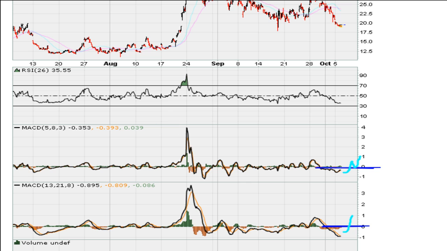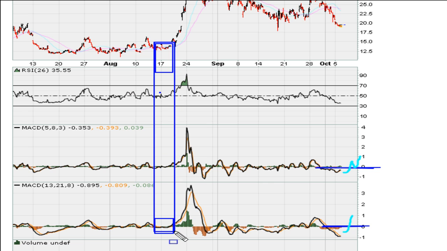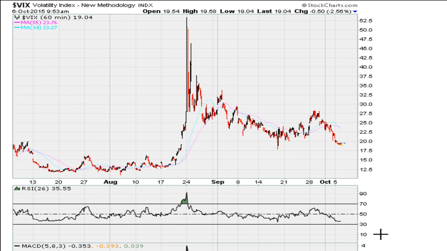For example, you take a look at this period here, which began sometime, let's call it around August 17th. Very instrumental period. I want to show you what happened. So around August 17th, market was trading here.